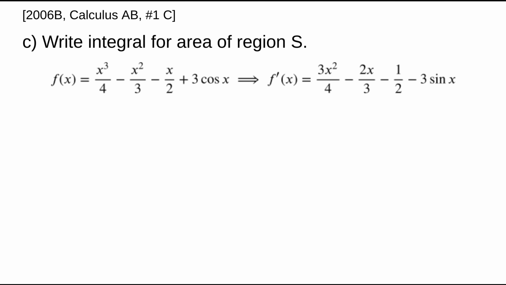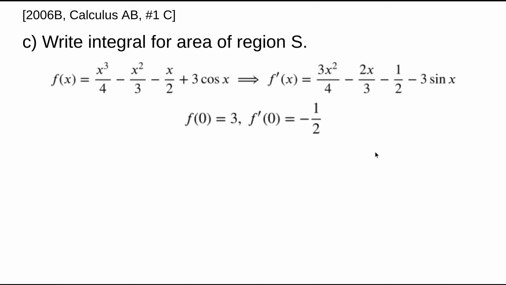We have to know, if f of x is this function, I need to know the derivative at x equals 0. We are told that the line is the tangent line at x equals 0. So I need to evaluate the derivative at x equals 0, which you can do manually. I show it here. But this is also calculator active, so you could use your calculator to figure out that the derivative at 0 is negative 1/2.